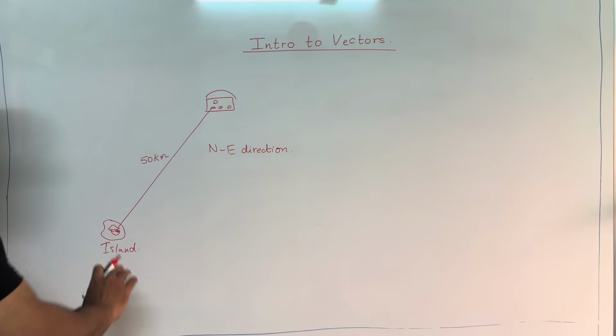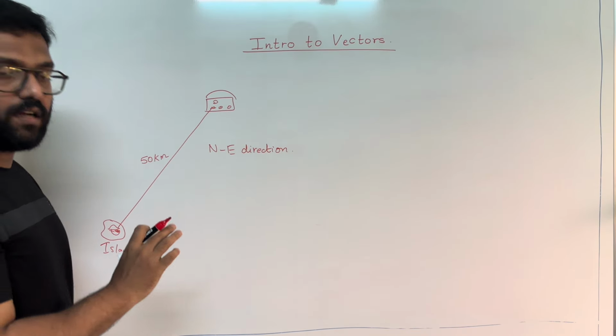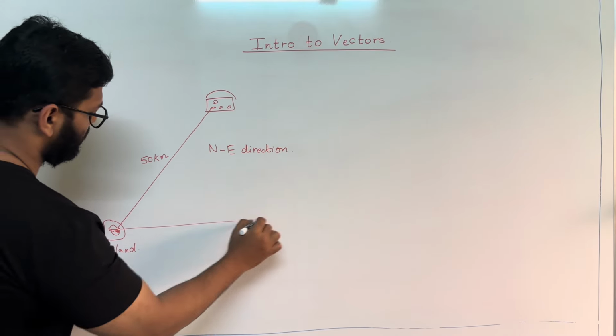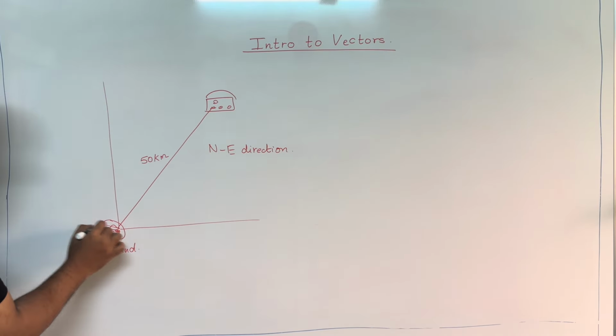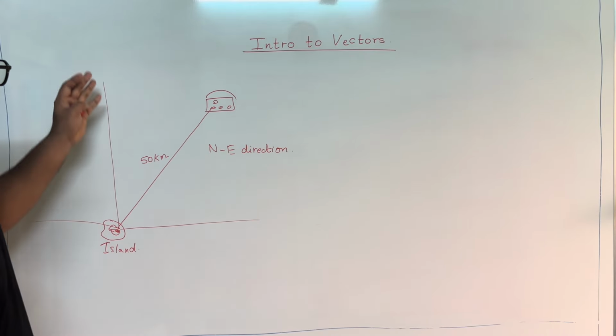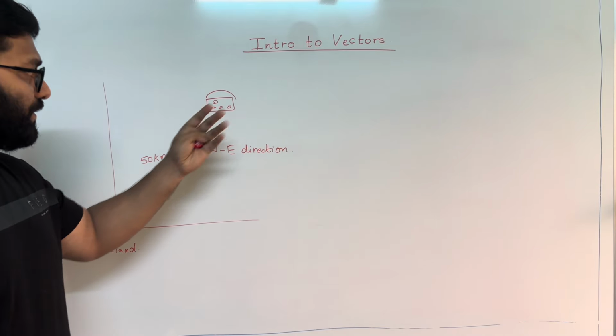See, if he only got the information that the treasure is 50 kilometers away from this island, then he can go in this direction, or maybe this direction, or this direction, and so on. He doesn't know which direction to go. If he goes in this direction, he will not be able to find the treasure.